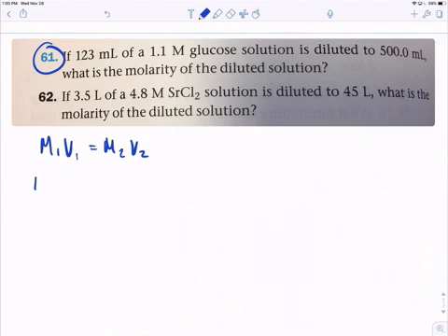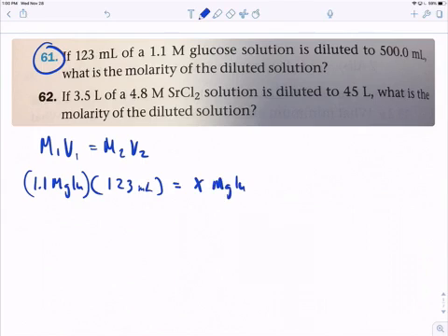M1 is 1.1 molar glucose. Volume 1 is 123 milliliters, equals our unknown molar glucose, M2.